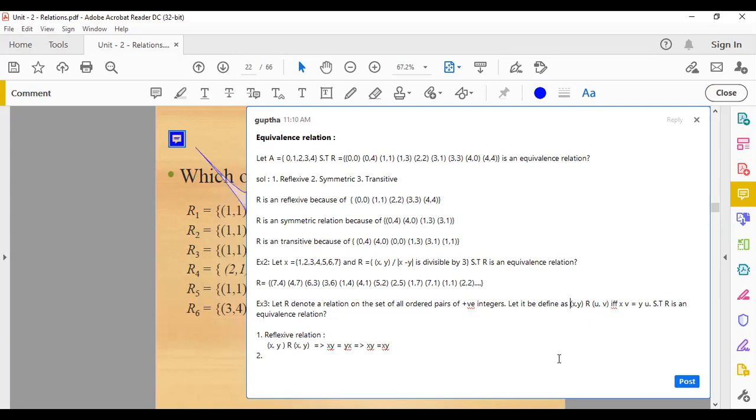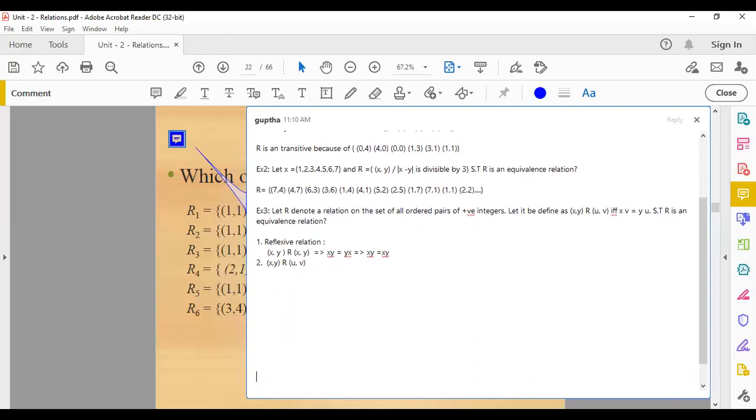Then we already know how to define it: they have given the equation xv equal to yu.